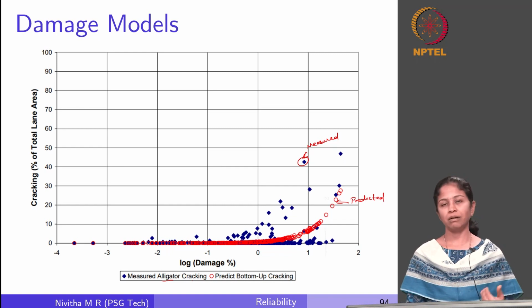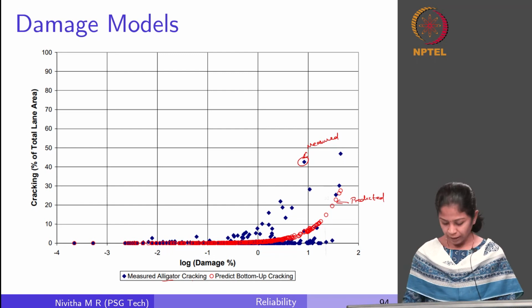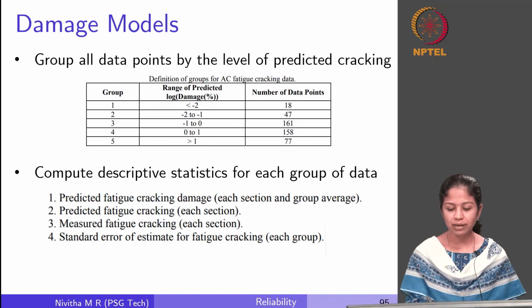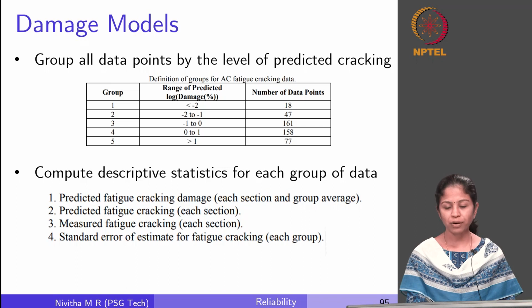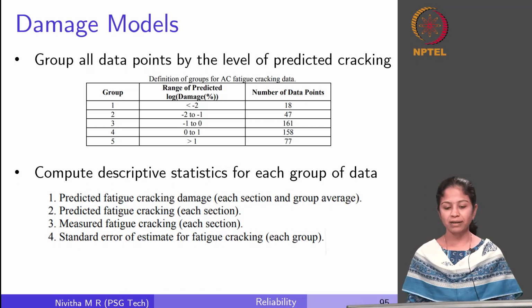So they had used the fatigue cracking equation which was shown below previously, and they have also measured the value in the field and tried to compare both. Now, based on the measured and predicted value, a damage index is computed, right. This damage index is computed for each particular data point corresponding to the measured value and the predicted value.